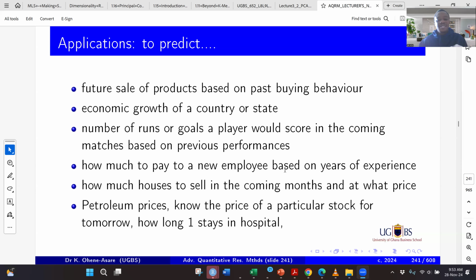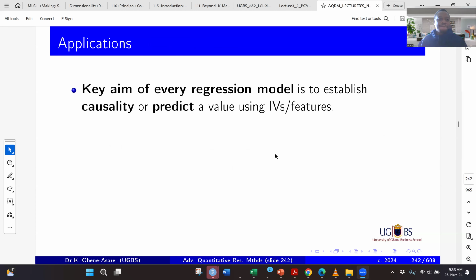You can use prediction to do all of this, and these are practical. You see, the uncertainty in the world can be predicted. You can know with certainty the uncertain factor by knowing, understanding and applying regression. So the main goal of a regression is to establish causality. That's number one.